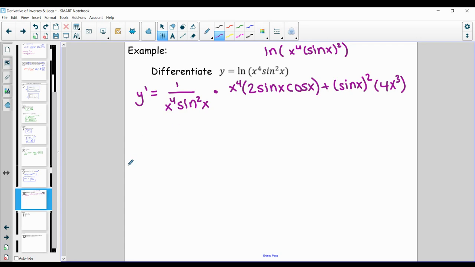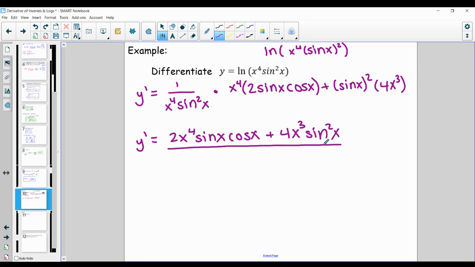Okay, so if we were to smush this together, we're going to get 2x to the 4th sine x cosine x plus 4x cubed sine squared x over x to the 4th sine squared x.